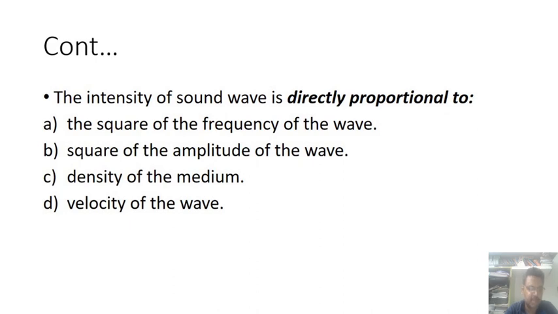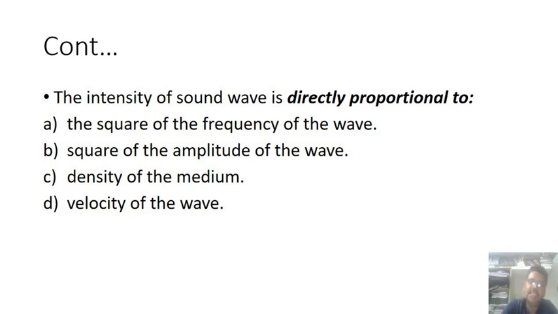Next, the above indicates that the intensity of a sound wave is directly proportional to the square of the frequency of the wave. The intensity of a sound wave is directly proportional to the square of the amplitude of the wave.